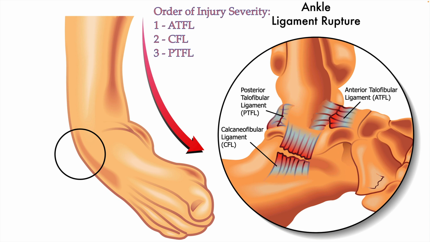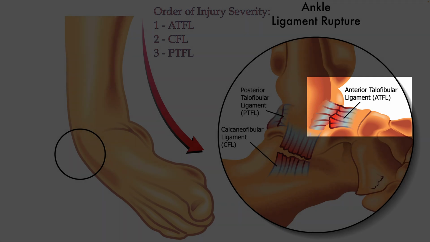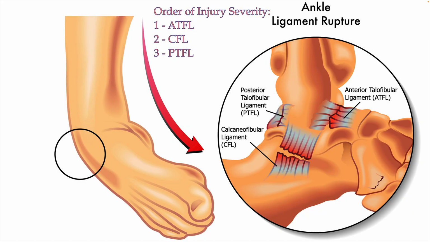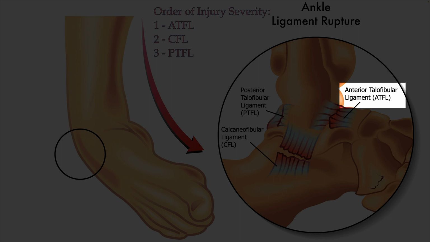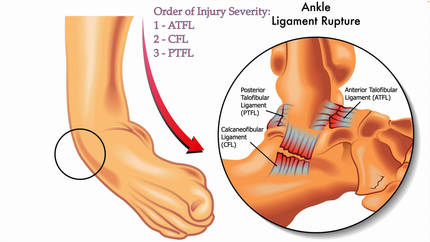The first one to get involved in any of your ankle sprains is the ATFL. We like to shorten all these things down because they're too long to say. But what that stands for on the far right there is your anterior talofibular ligament. Anterior just means on the front of the body. So it's the one on the top front of your ankle.